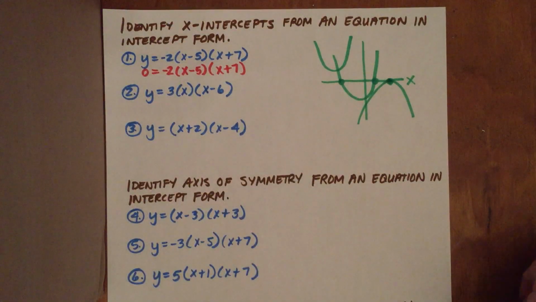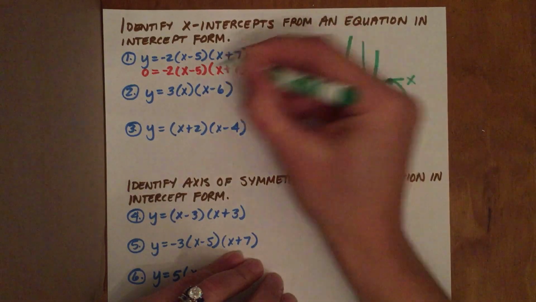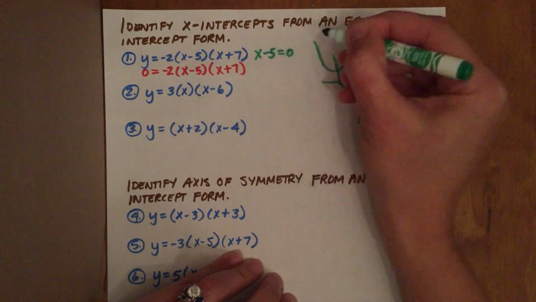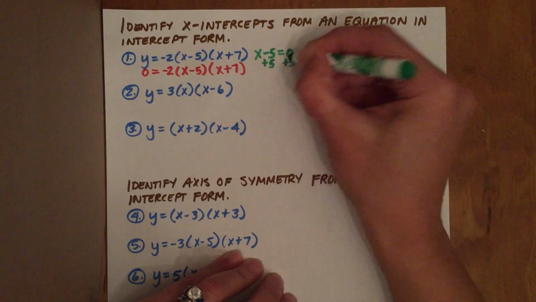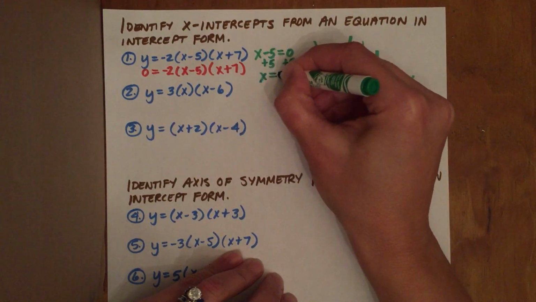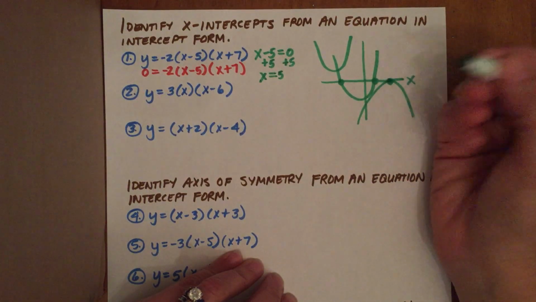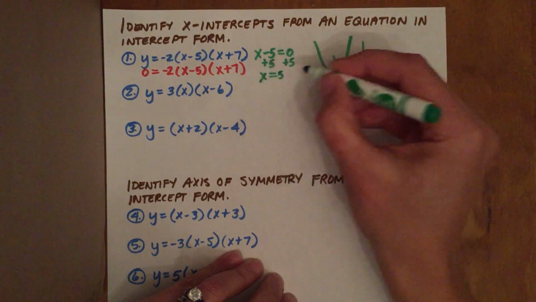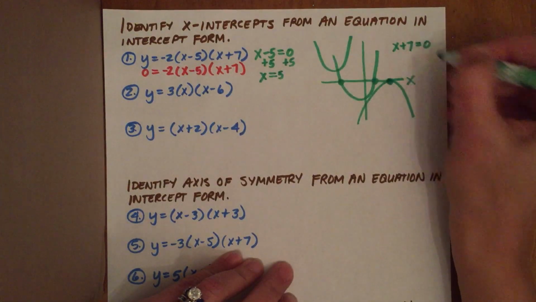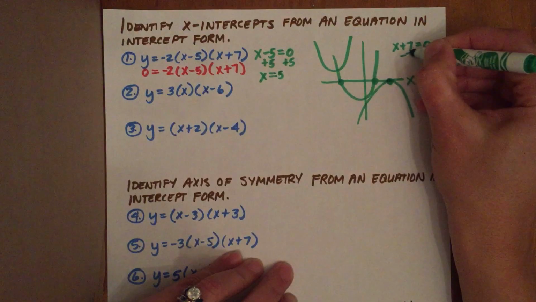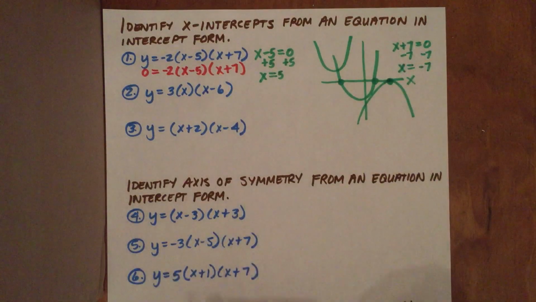So I'm going to take each of these factors, x minus 5, and set it equal to 0. In order for x minus 5 to equal 0, x has to be positive 5. So there's one of our roots. The next one is x plus 7. I'm going to set that equal to 0, and when I solve this one, x must equal -7.